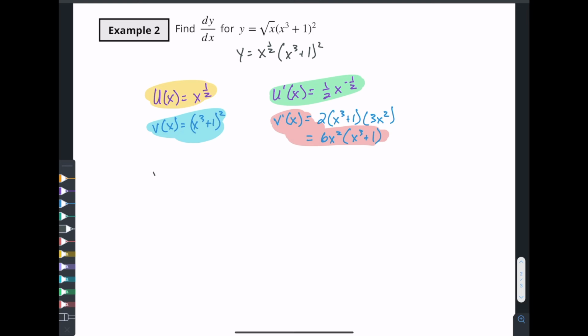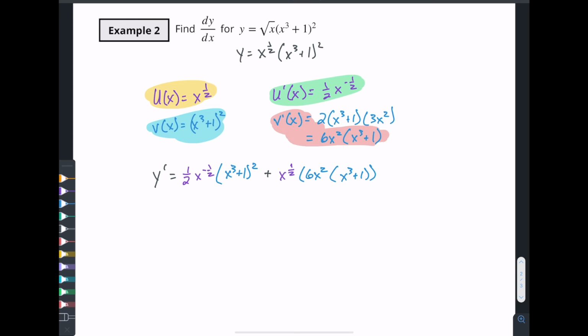All right, so the derivative of y is equal to the derivative of u, 1/2 x to the negative 1/2, times the original v, x cubed plus 1 squared, plus the original u, which is x to the 1/2, times the derivative of v, which is 6x squared times, again, x cubed plus 1.